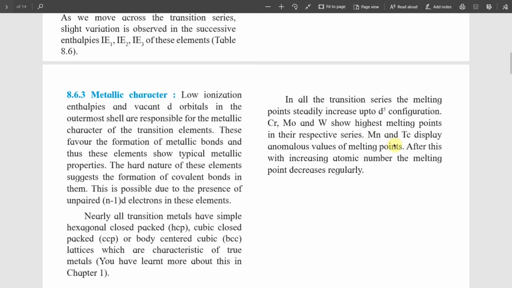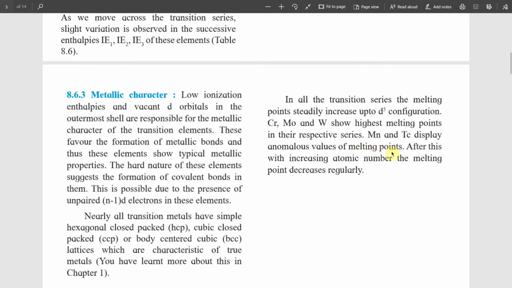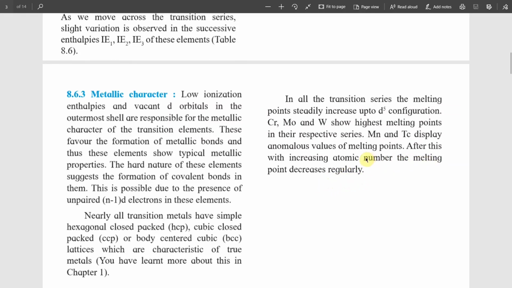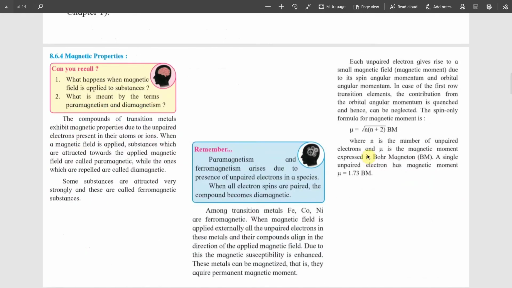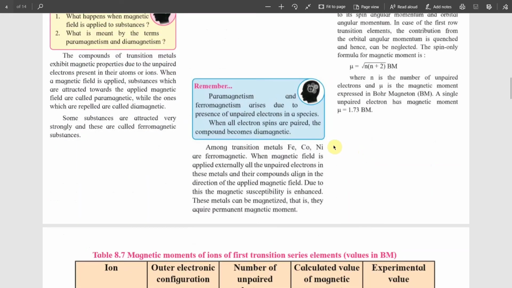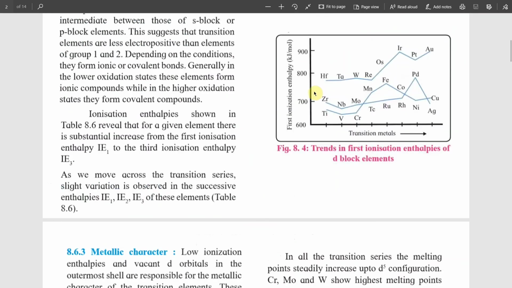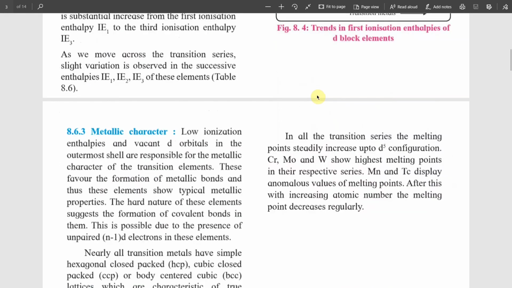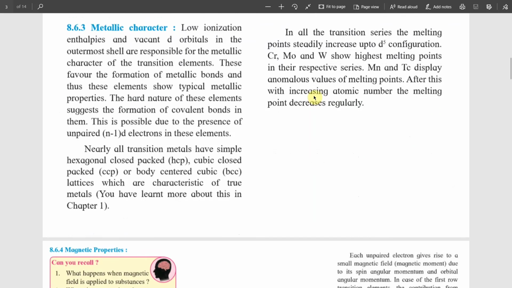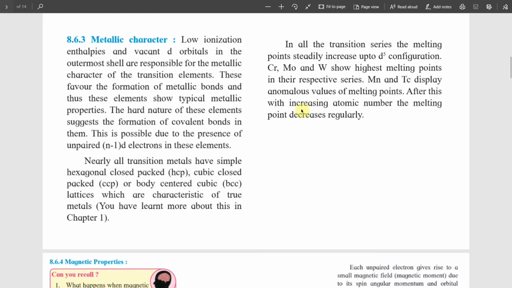Manganese and technetium display anomalous values of melting point. After this, with increasing atomic number the melting point decreases regularly.